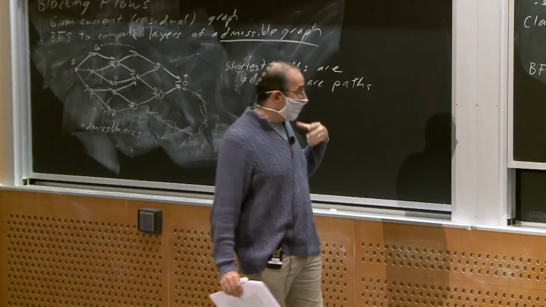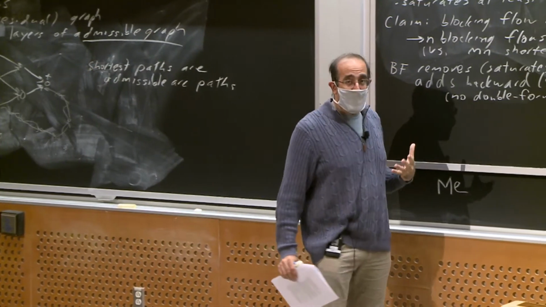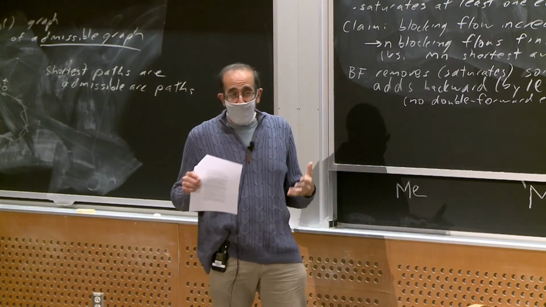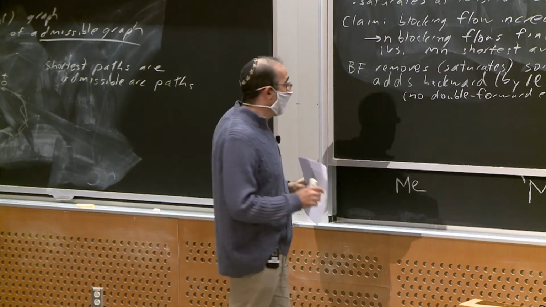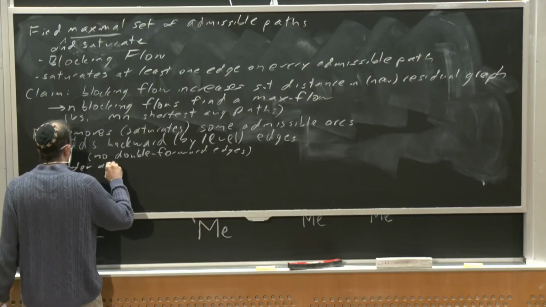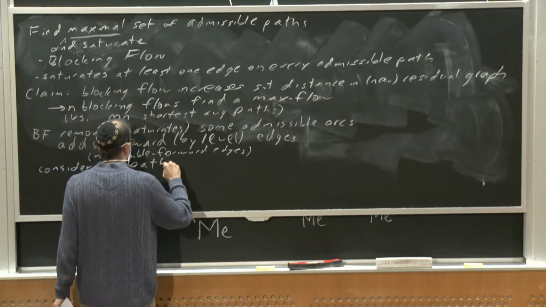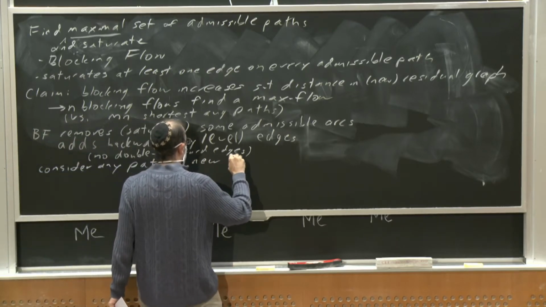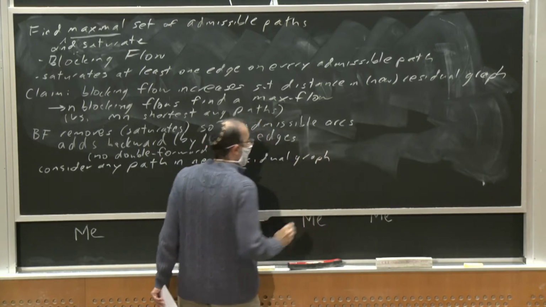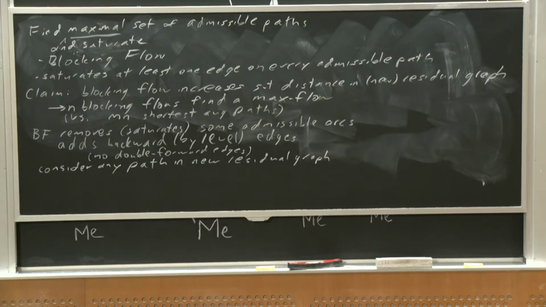So that tells us that we're not getting any shorter paths. And in fact, if you play with that argument a little bit, you can see why you're getting a longer path. Consider any path in the new residual graph. Now that path is made up of some of the arcs that were admissible before, but it has to be made up of some other arcs.